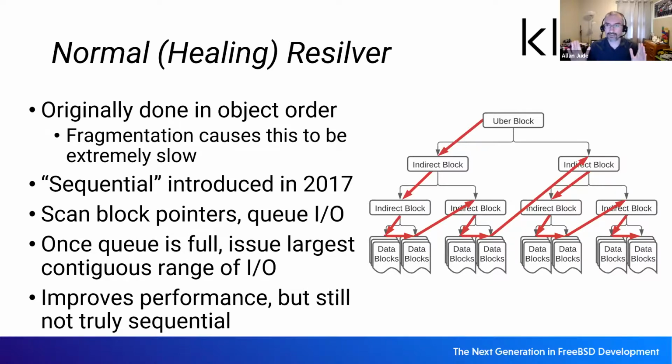Once that queue is full, it will take the largest contiguous range of blocks that need to be checked and go and do that. And then once all those reads have been done and the data has been repaired if it needed it, then it will continue back to the scanning mode where it will keep finding more data blocks and adding them to this queue and then flushing out the largest chunk again.